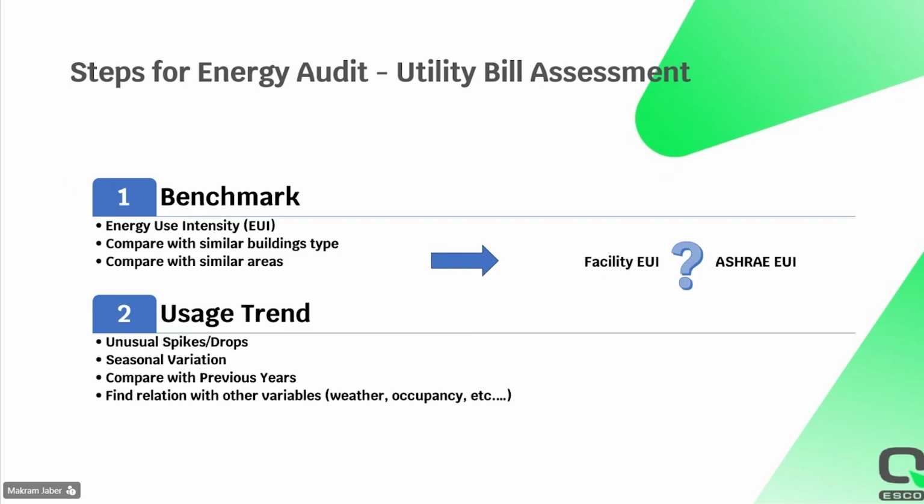We will compare it to the ASHRAE EUI. This will give an idea of the potential of energy saving in this facility. If the facility energy use index is less than the ASHRAE, this means there's not much potential, but if it's higher, we have a big potential.